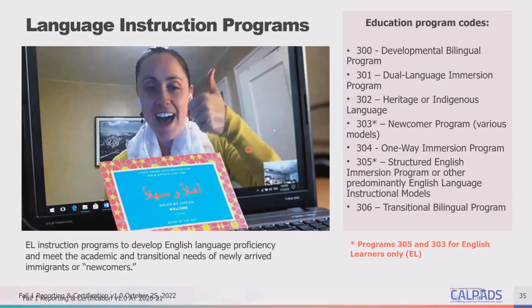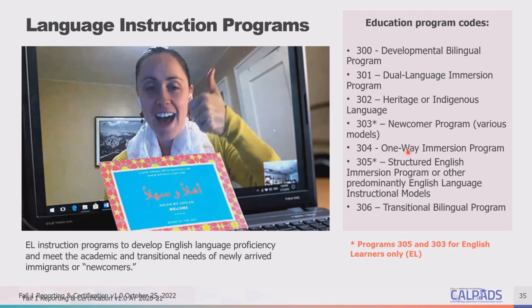LIP. LIP programs are essentially language proficiency programs that our students are participating in. Normally this is for students who are EL, who require additional help throughout their EL existence. However, this is basically a program within the class. It's the strategy that you use to provide additional language proficiency service in a class.